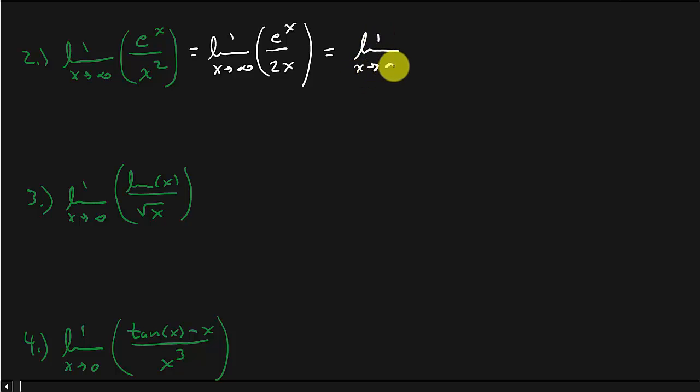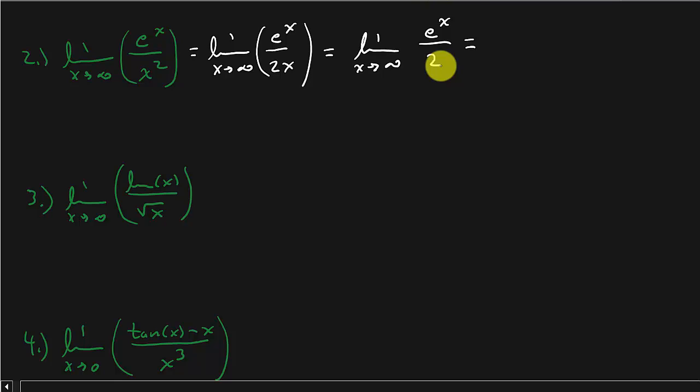So that's the limit as x goes to infinity. The derivative of e to the x is e to the x. The derivative of 2x is 2. And now, as I take the limit as x goes to infinity, this is just like a 1/2. The numerator is going to infinity, and it's like infinity divided by 2.